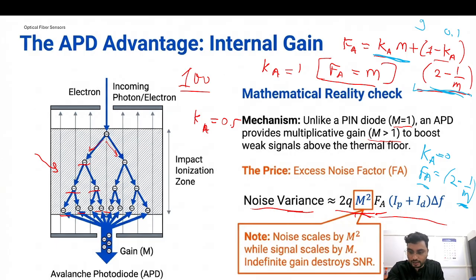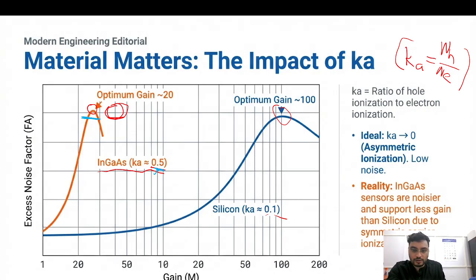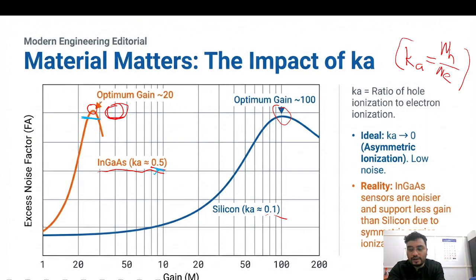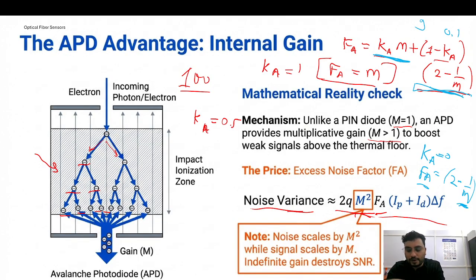Okay, so understanding, we have one kind of criteria: Ka is the ratio of the hole ionization and the electron ionization. If it is very high, then the first part will dominate, and if it is very low, then the second part will dominate.